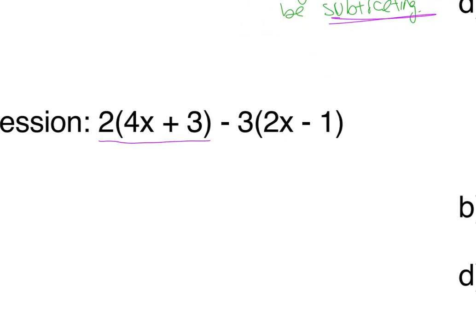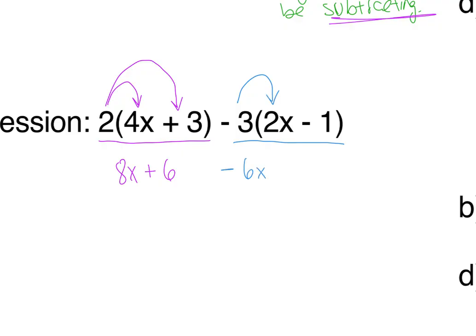This is one set. This is another set. 2 times 4x is 8x. 2 times positive 3, positive 6. Negative 3 times 2x, negative 6x. Negative 3 times negative 1, positive 3. Okay.